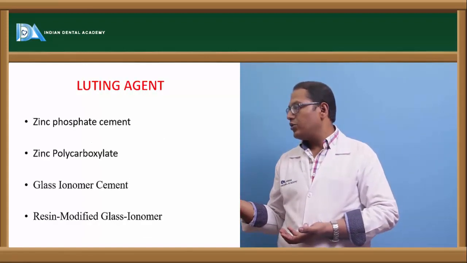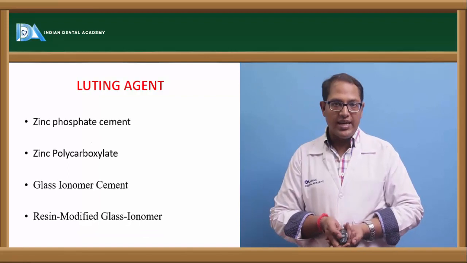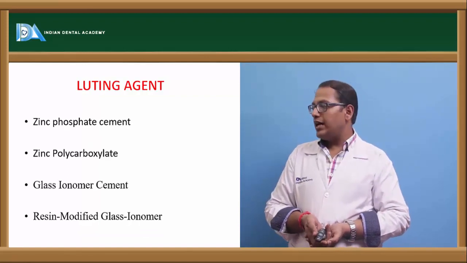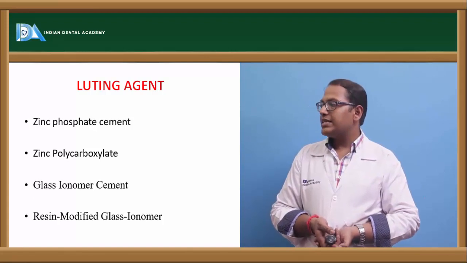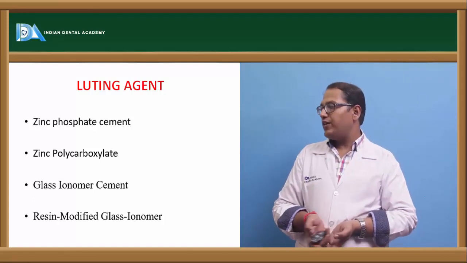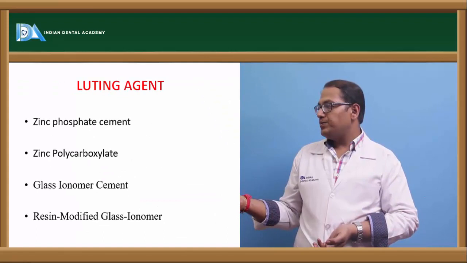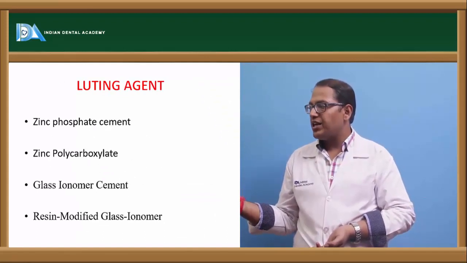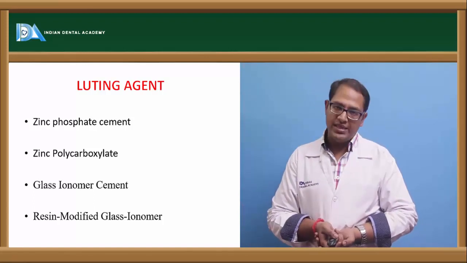So these are the different core materials. What are the different luting agents that we can use? We can use zinc phosphate cement, zinc polycarboxylate, zinc glass ionomer cement, and resin modified glass ionomer cement. Now, can we all appreciate that all these cements are classified under permanent cements?